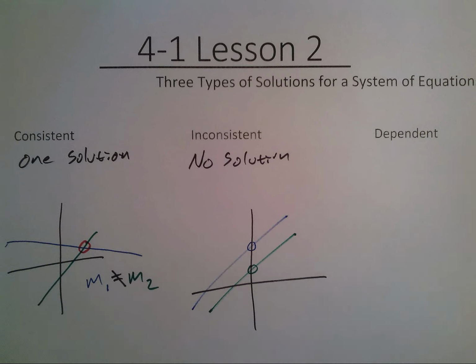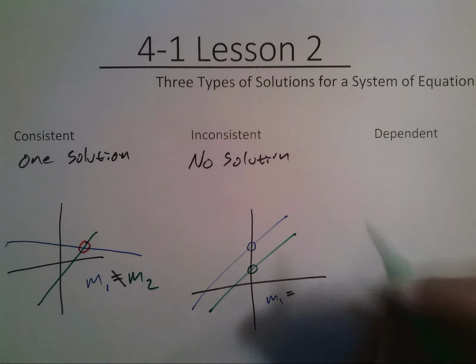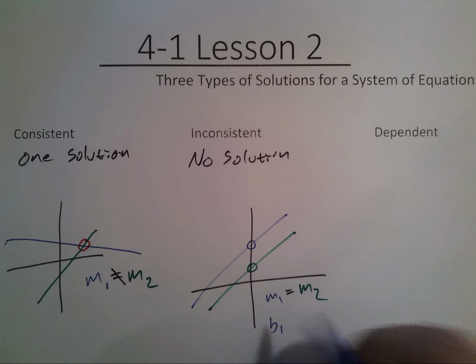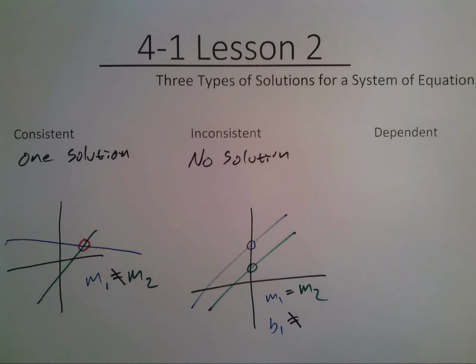In other words, m1 will equal m2, but b1 will not equal b2. This is why we did the review of the graphing chapter before we did the systems chapter.